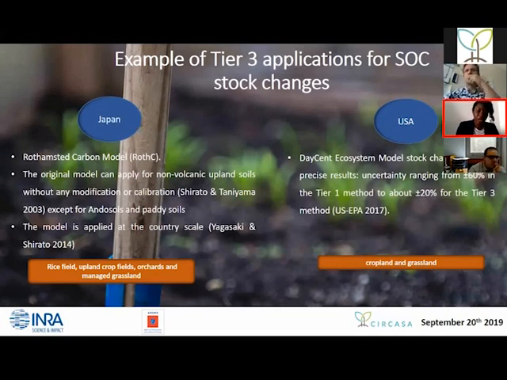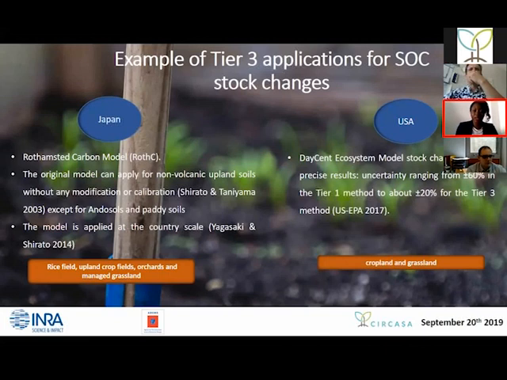And it has been found that the model could apply for non-volcanic upland soils without any modification or calibration, except for andosols and paddy soils, where they had to make a few modifications to take into account the changes in soil carbon in these types of soils.